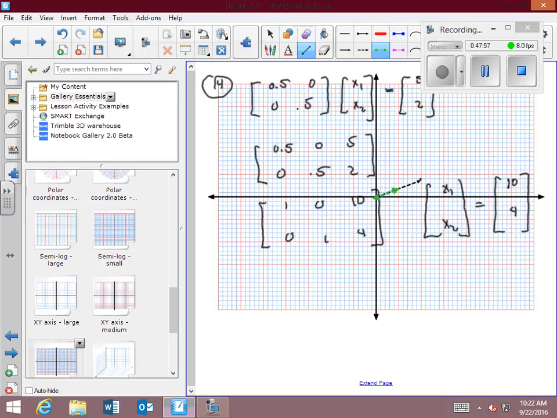So that's what the vectors do, or that transformation is doing. It's just halving the vector. Okay, 16.